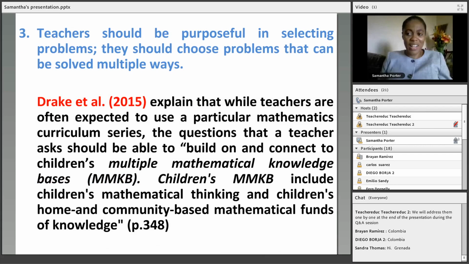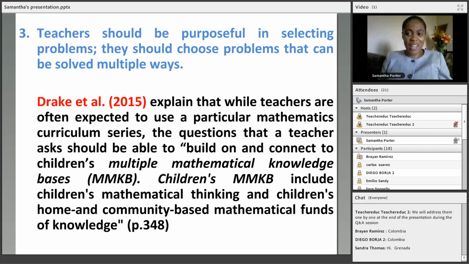So, Drake et al. explain that while teachers are often expected to use a particular mathematics curriculum series, we know that we have to follow the syllabuses and our curriculums from the different countries that we are part of.